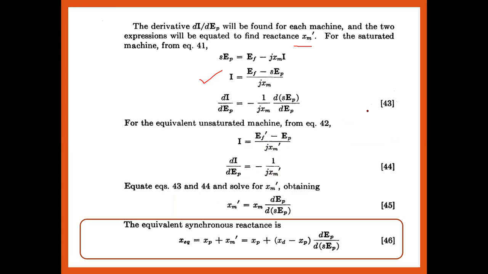By equating equations 43 and 44 and solving for XM dash, we get the equivalent synchronous reactance under steady state, saturated condition. The equivalent synchronous reactance is XEQ equal to XP plus XM dash, equal to XP plus XT minus XP, times the small change in EP with respect to the small change in S EP.